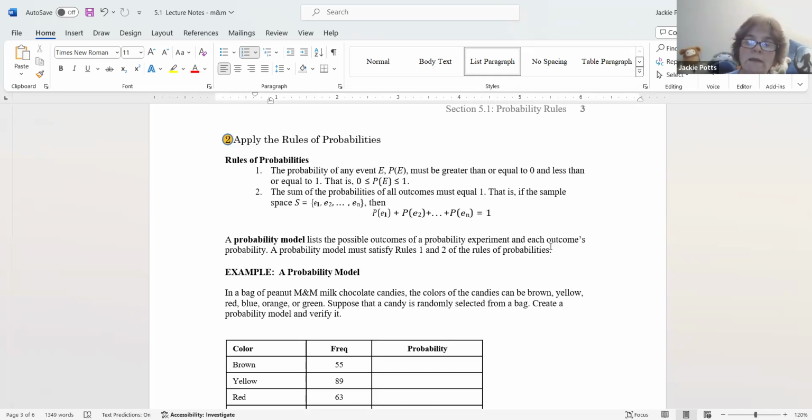So a probability table has to equal 1, where a relative frequency table, think way back to chapter 2, doesn't. It'll come out almost 1, but a probability table must be 1.